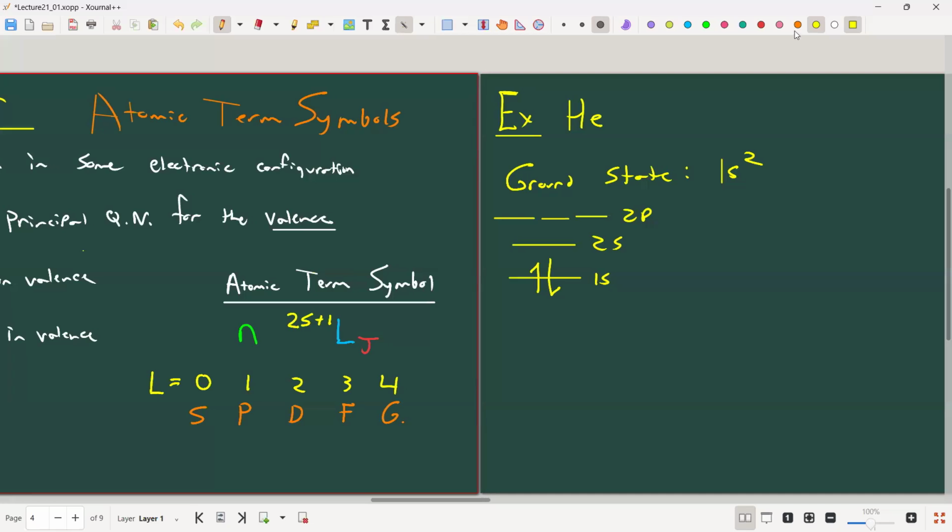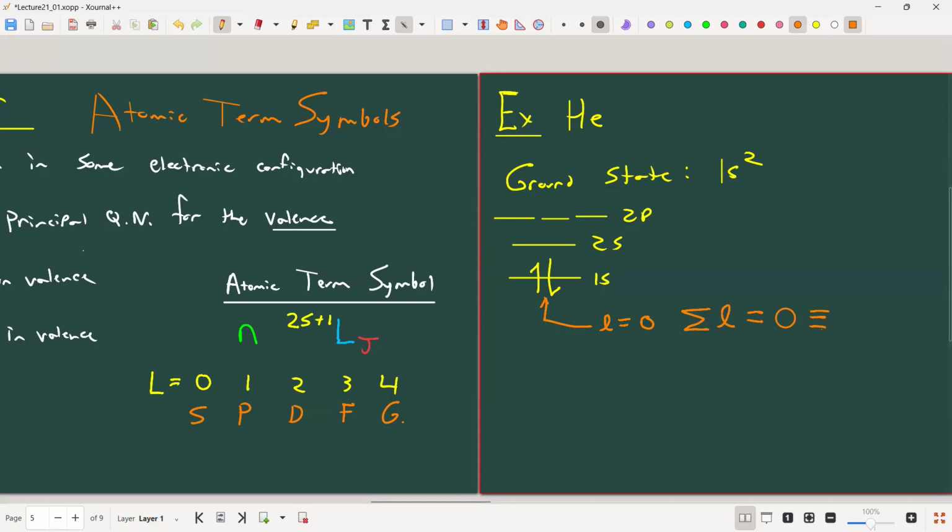This one's pretty straightforward, right? These are s orbital electrons, so for both of these, L is equal to 0. If I sum over the L's, I get 0, which is S, so we have an S state. And our spins: we've got one that's up and one that's down, so S is equal to 1/2 plus minus 1/2, because there's one in each direction.